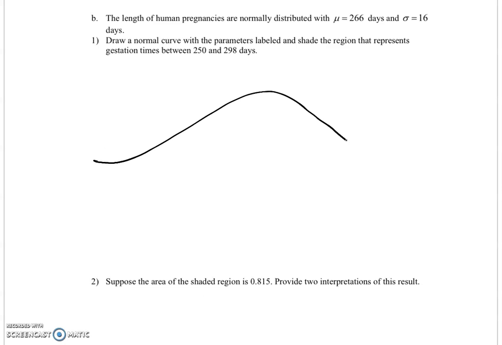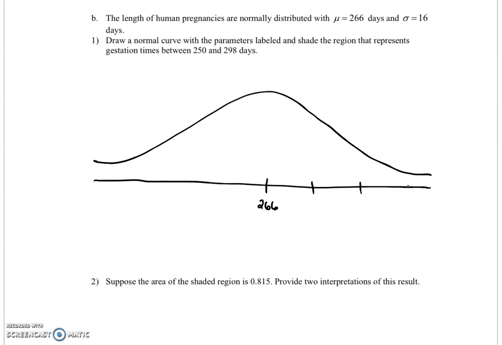So here's our curve. Again, not the best, doesn't matter, close enough. As long as everything's labeled, we are good. So the mean is 266 days, and our standard deviation is 16.